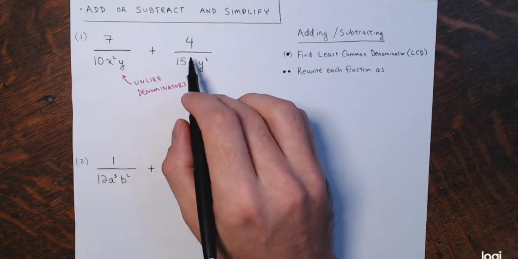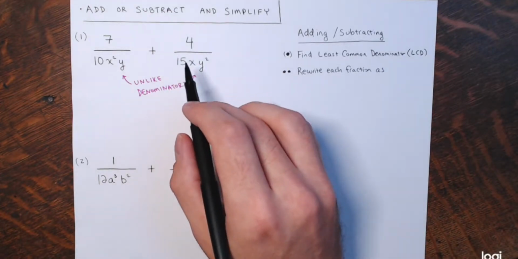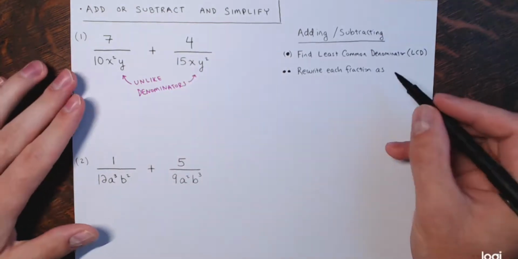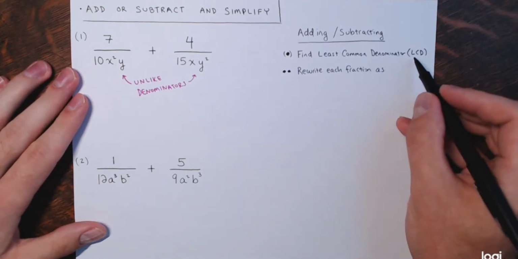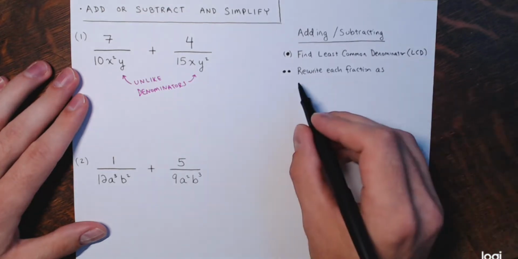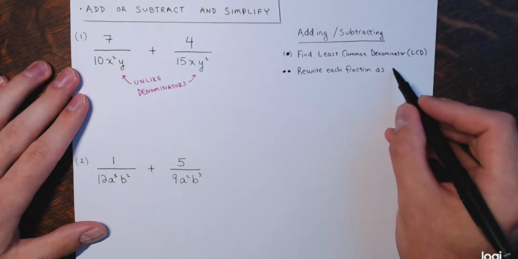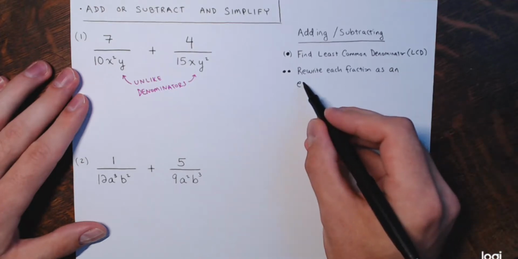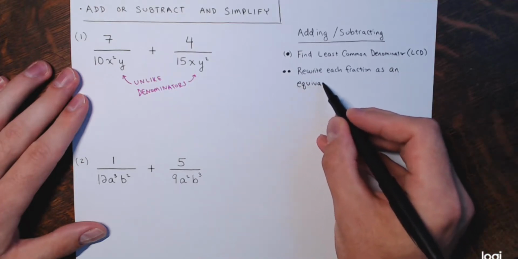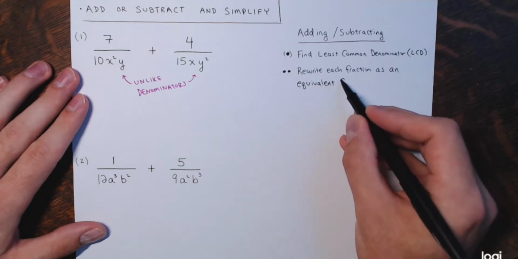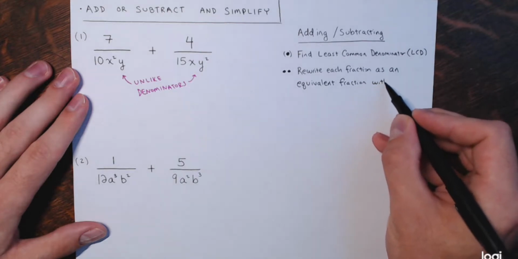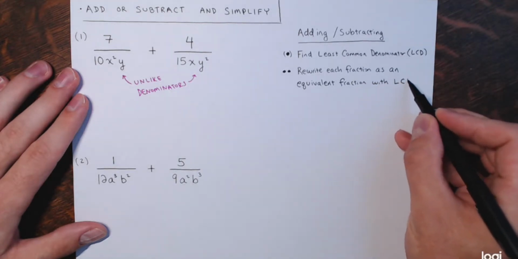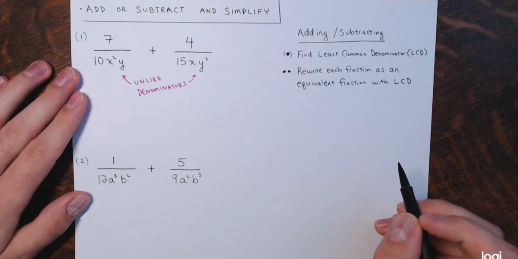And then same thing with the second fraction. The second fraction I'm going to write as an equivalent fraction with the same denominator. And the denominator I want to write them both having is this LCD. So I'm going to rewrite each fraction as an equivalent fraction with the LCD as the denominators.